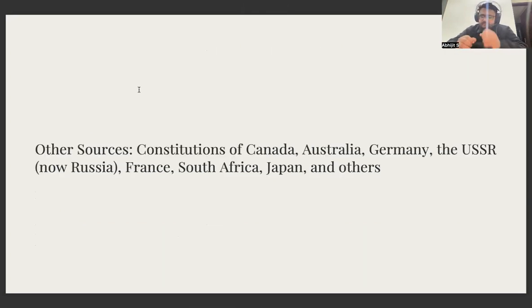Apart from these, there were other sources as well. For example, the constitutions of Canada, Australia, Germany, the USSR, France, South Africa, Japan, and others.